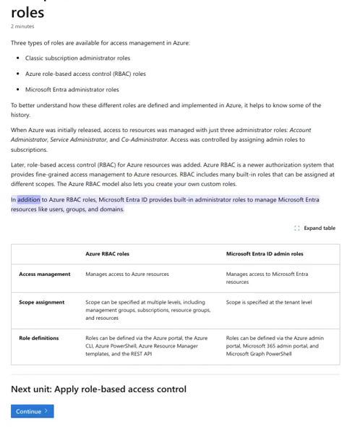In addition to Azure RBAC roles, Microsoft Entra ID provides built-in administrator roles to manage Microsoft Entra resources like users, groups, and domains.